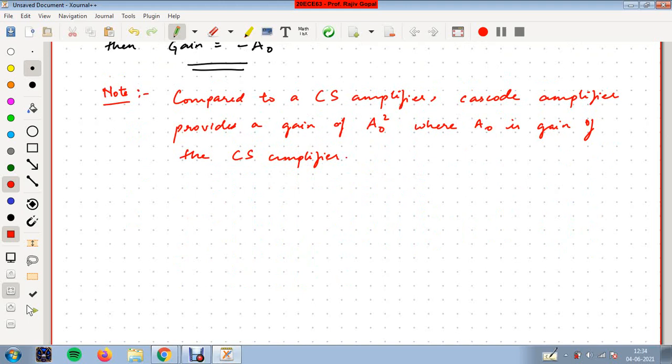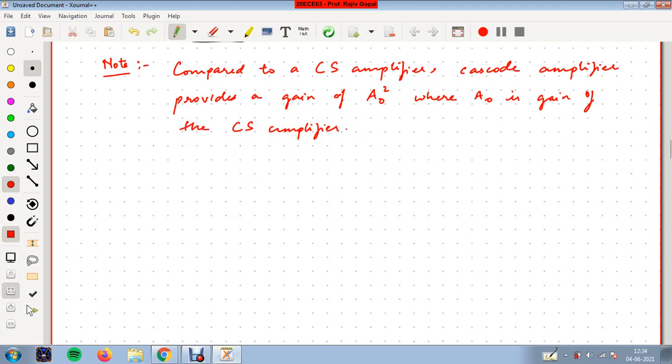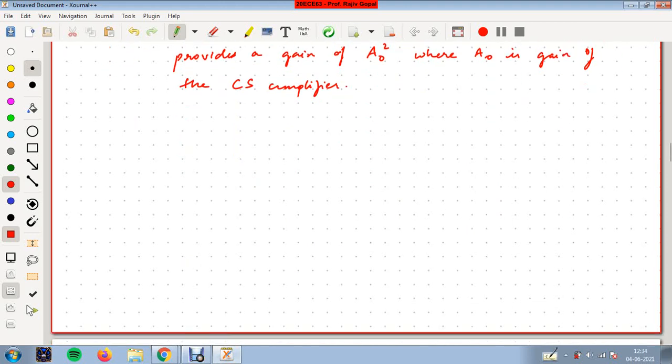Okay. So we'll draw a couple of circuits now. Here, what we'll do now is, we have derived what is AV naught. As per our earlier classes, we derived AV naught as minus A naught 1 times AV naught 2.